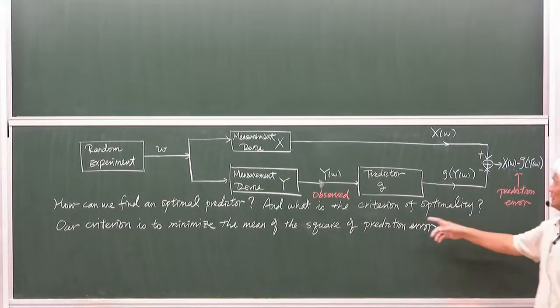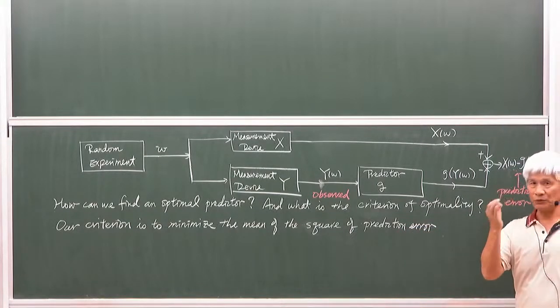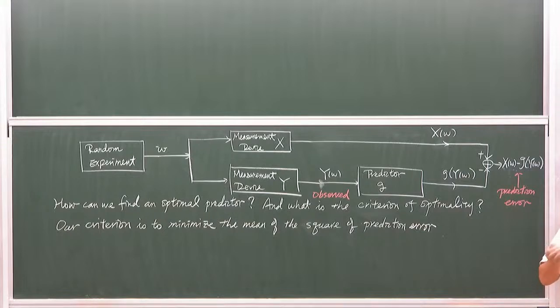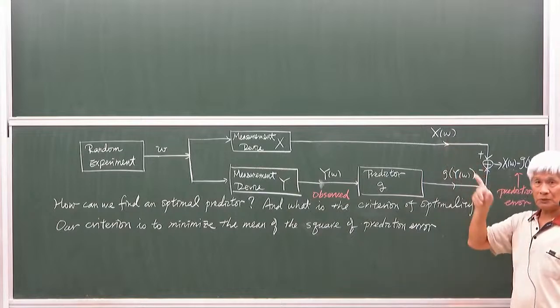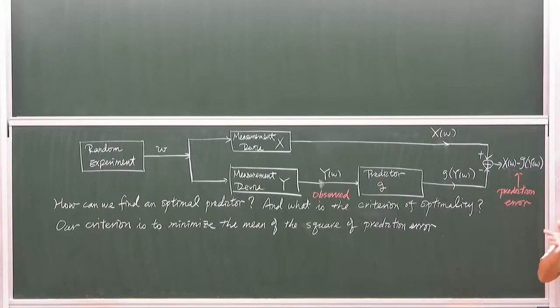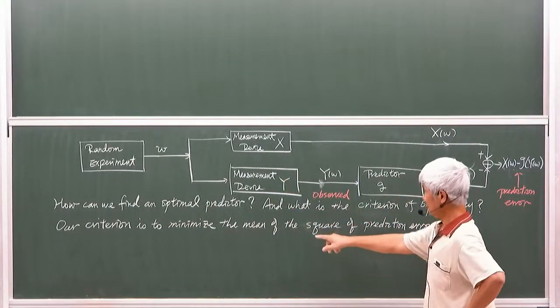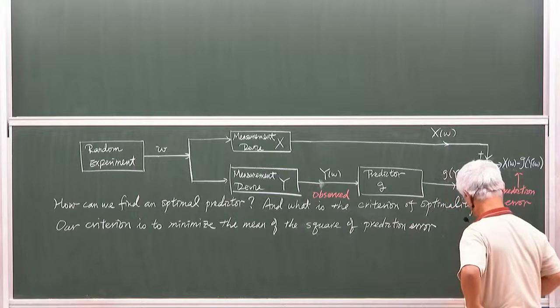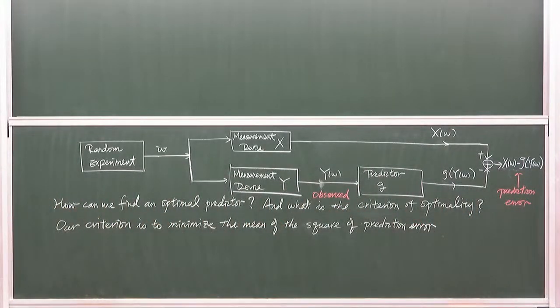If it is 0, the output of the predictor is equal to the unknown random variable X with probability 1. This is the best we can do in probability theory, so it is a good measure of goodness.